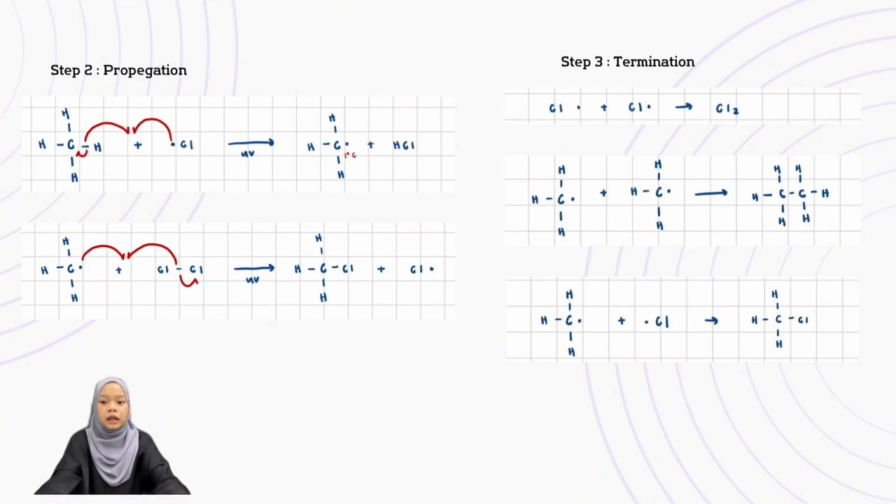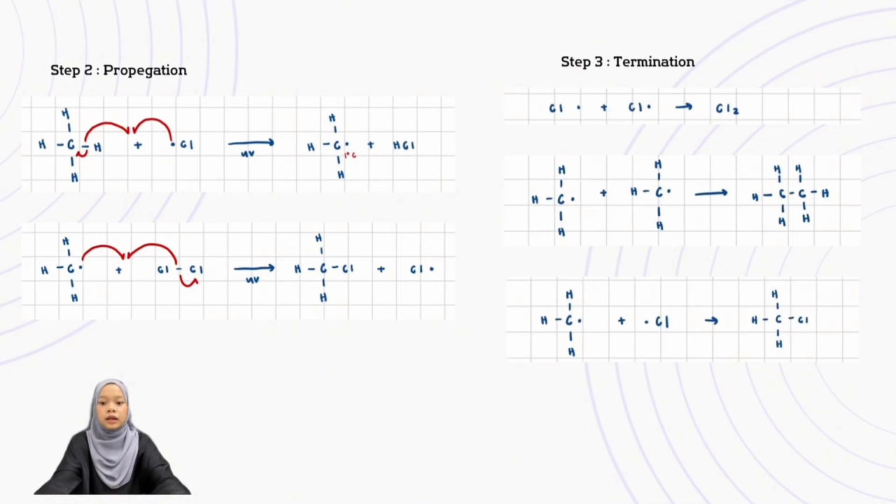Then, the remaining unpaired electron from the CH bond will return to the central carbon atom, forming another highly reactive radical. Next, the methyl radical will react with a stable chlorine molecule, abstracting a chlorine atom in the same way as before, forming chloromethane and regenerating chlorine radicals.